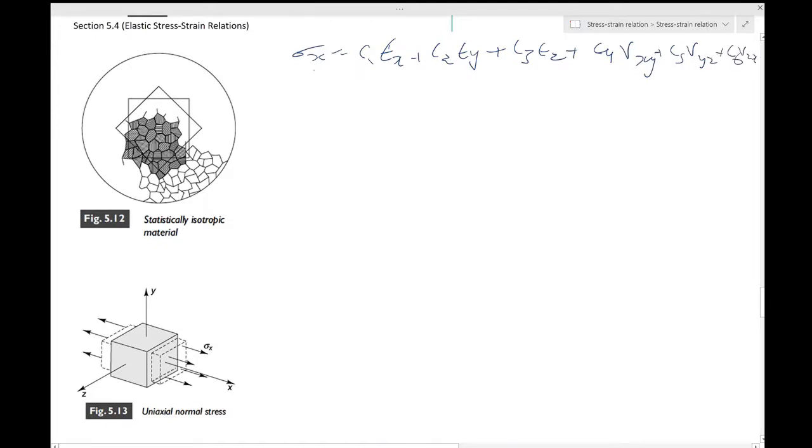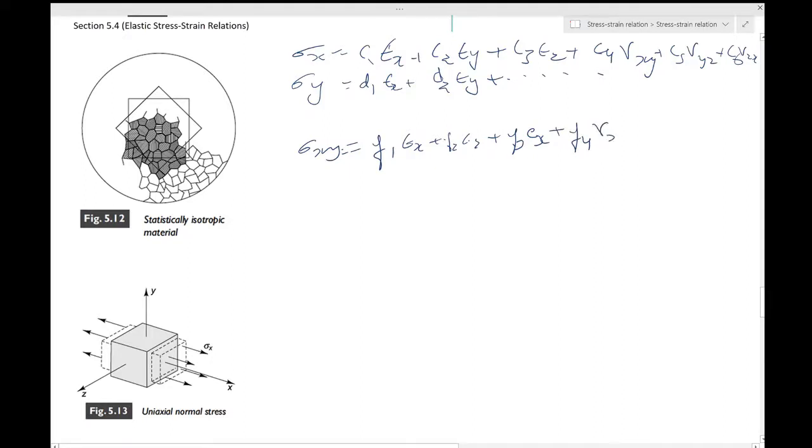Okay, sigma y will be related to every other component, and so on. So same would happen for say sigma xy. It would be related to F1 epsilon x plus F2 epsilon y plus F3 epsilon z plus F4 gamma xy plus these other two more terms. So this is the meaning in a three-dimensional case.